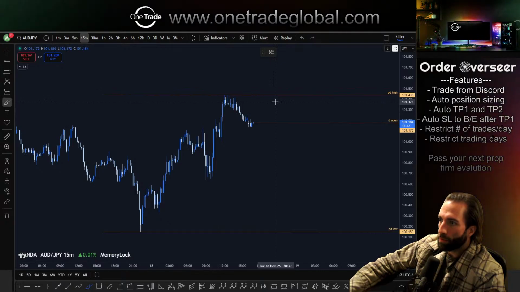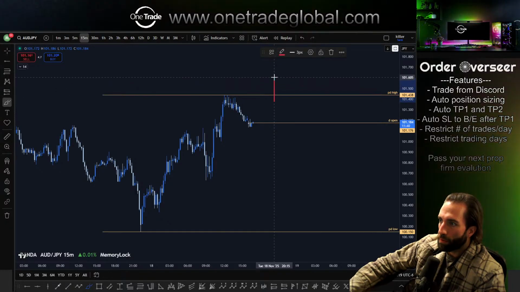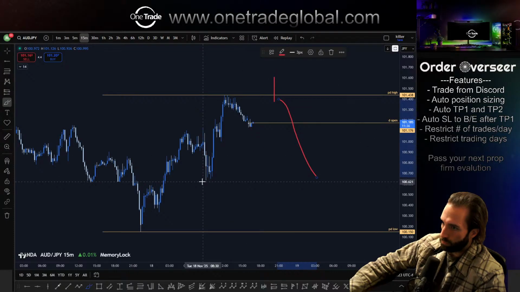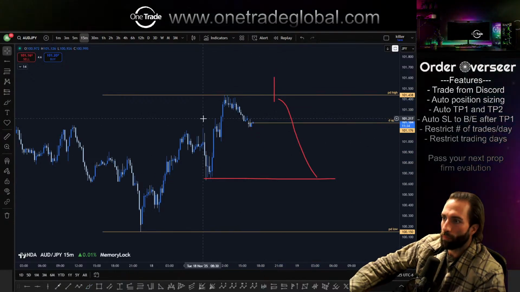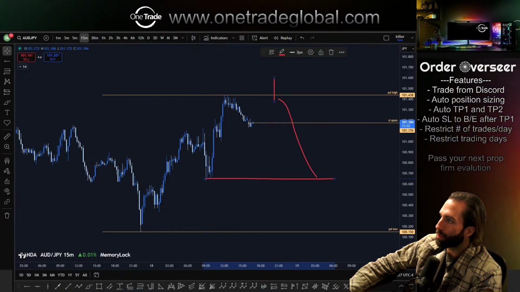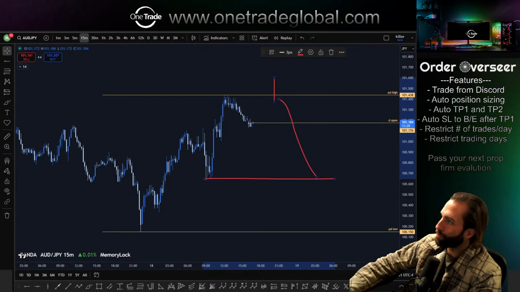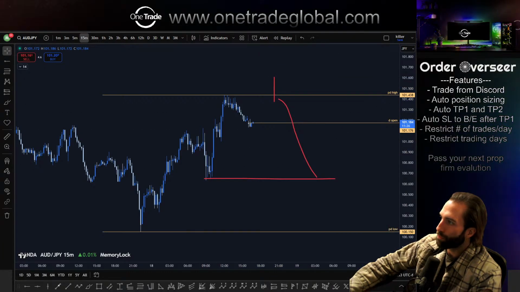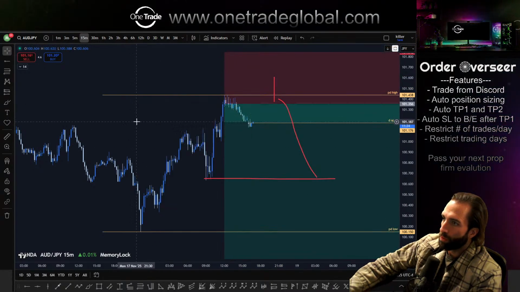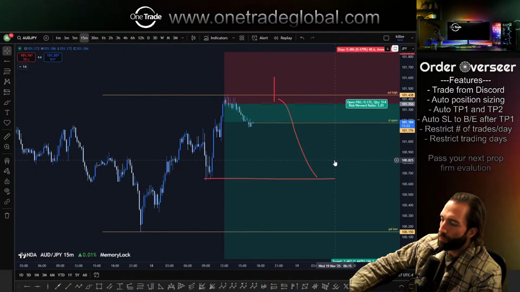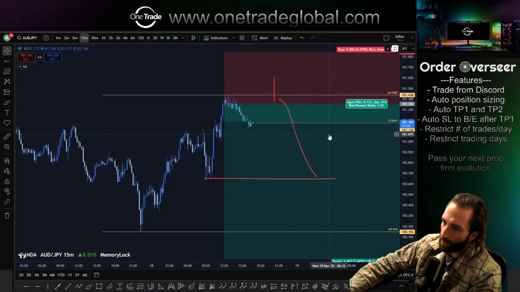Probably be somewhere over here. Just having all this marked out just in case. It'd be cool if it just ran down too. I'd be fine with that.